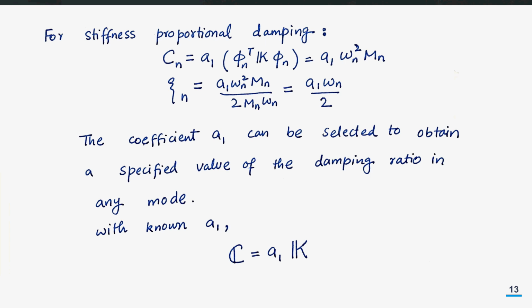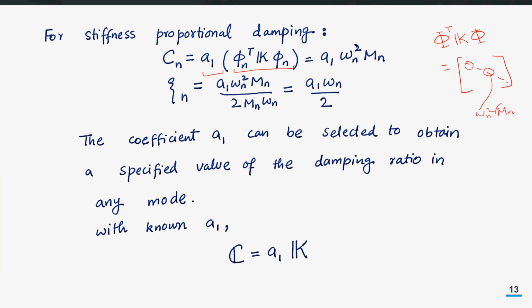but in this case the diagonal terms Cn would be A1 times the diagonal entries of this matrix, capital Phi transpose K matrix into Phi. So this will be a diagonal matrix in this case, and all the entries will be what? For example, any nth entry will be basically omega n square into the modal mass mn.